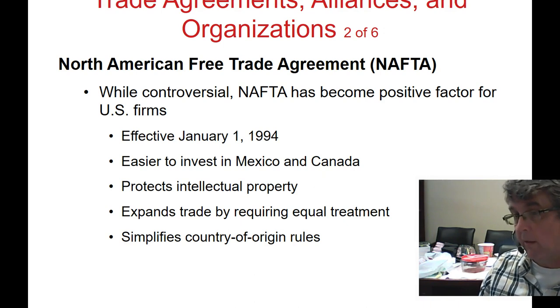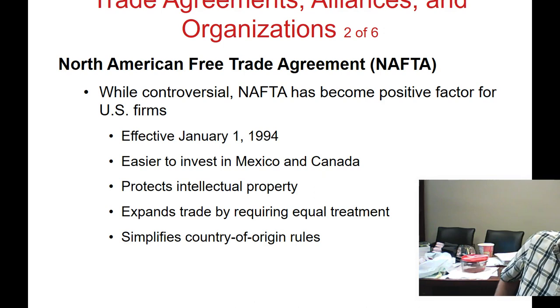Of course, the movie studios don't get any money if some guy in Mexico runs off 100 copies of the one legitimate film that they sold. So it protects intellectual property, patents, and copyrights, expands trade by requiring equal treatment, and simplifies the country of origin rules. Okay, that's NAFTA, North American Free Trade.